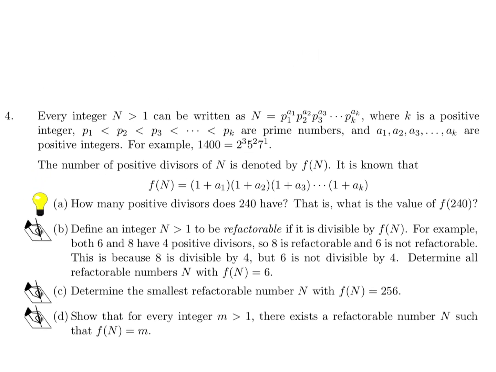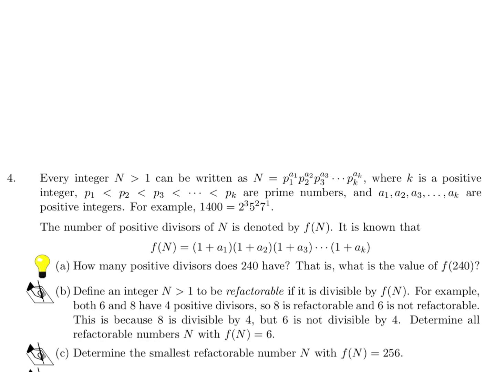Okay, so some of you are familiar with this, some of you are not, but I'll just show it to you. I'll just start with their example. So you take any number, right? Let's say this example that they gave me, and you break it up into its prime factorization. So in this case, it's 2 to the power of 3 times 5 to the power of 2 times 7 to the power of 1. And then if I asked you how many positive divisors there are, they're giving you a definition, and basically what it means is you just take that exponent and add 1 to it.